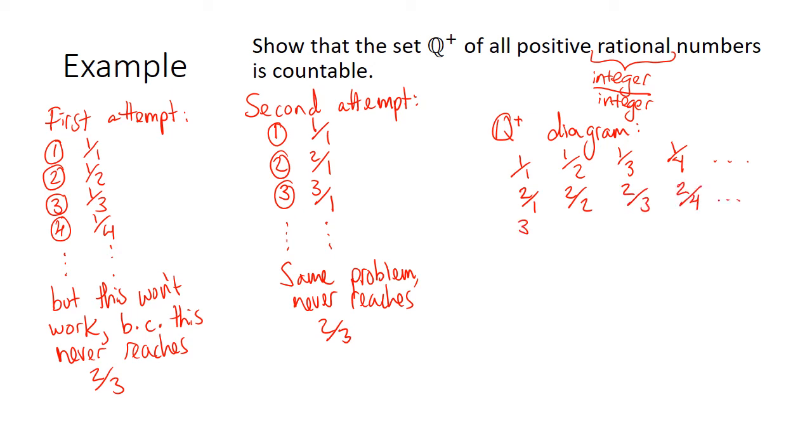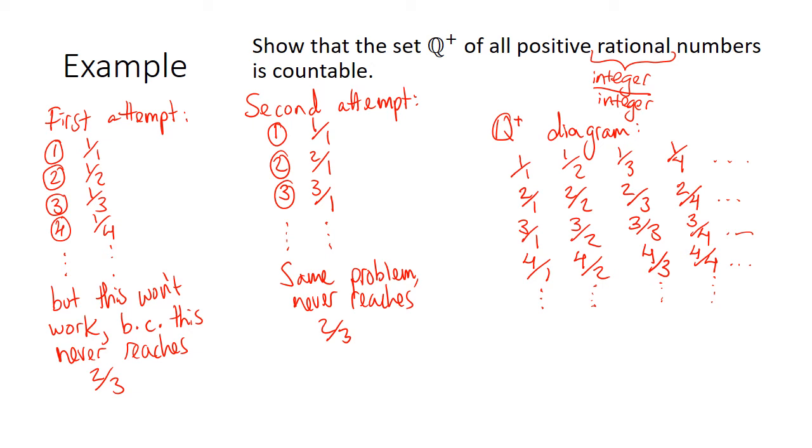On the third row, 3/1, 3/2, 3/3, 3/4, and so on. On the next row, 4/1, 4/2, 4/3, and 4/4. If I just keep going like this, I can draw every single rational number in this grid.